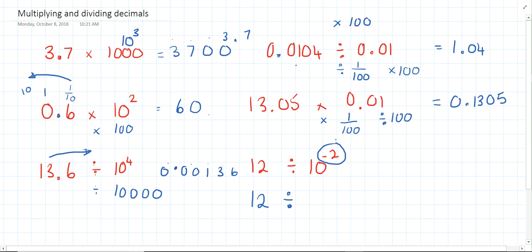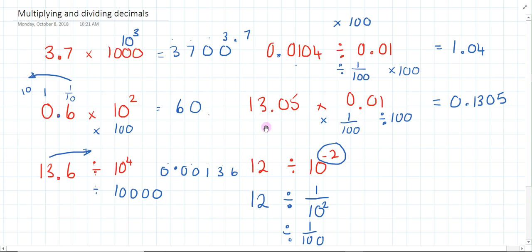But it doesn't give you a negative 100. It's what Nick was saying, which is the negative actually means it's like doing 1 over 10 squared, which is the same as dividing by 1 over 100. Okay?